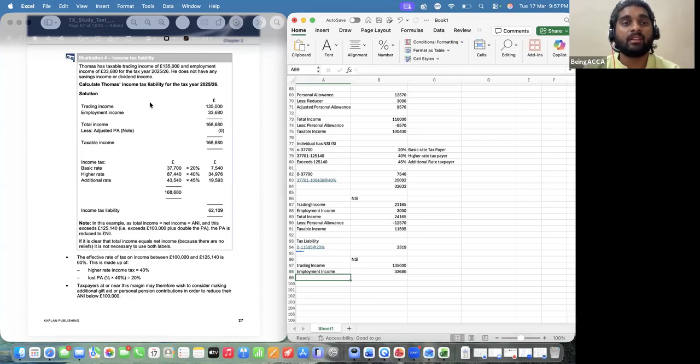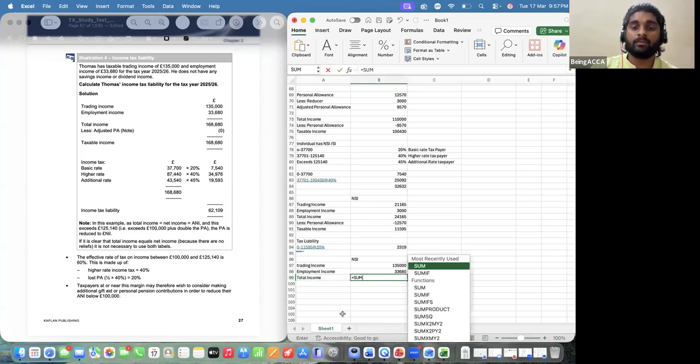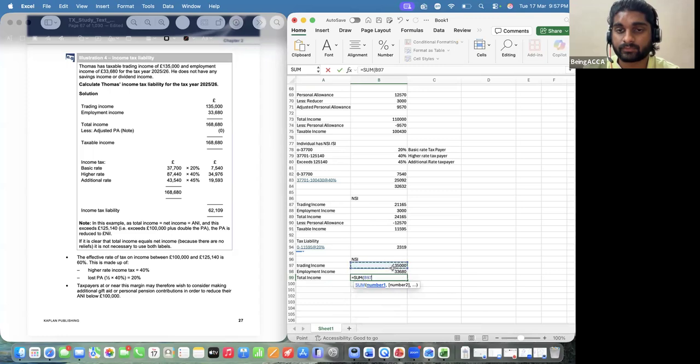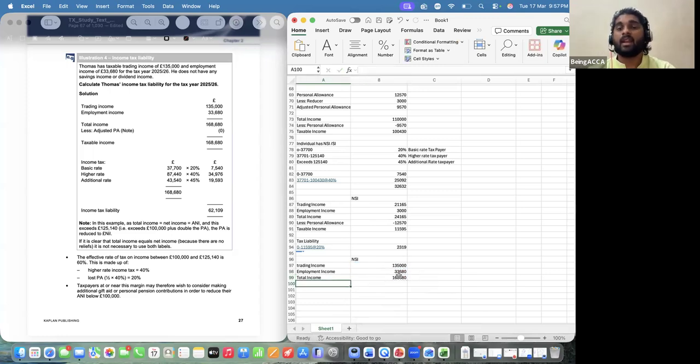He does not have any savings income or dividend income. Now total income is equal to sum, which is 168,680. And they have not mentioned any gift aid donations or personal pension contributions also, correct?